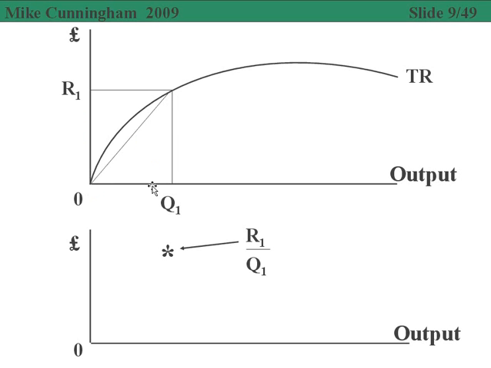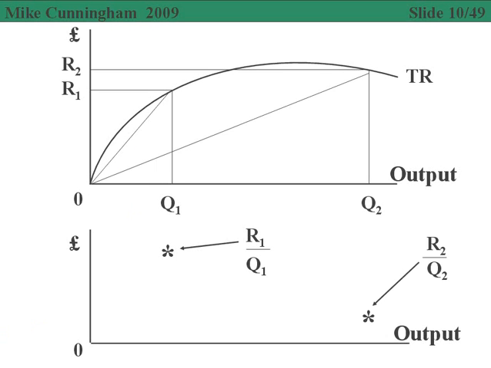Q1 is that line there. So really what we're doing is dividing the vertical line by the horizontal line. And in mathematics, you get the tangent of that angle. It's a representation of the angle here. It tells us the angle.